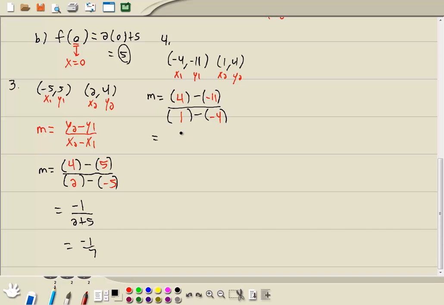Well, negative negative gives us a positive, so we got 4 plus 11, and negative negative gives us a positive, so we got 1 plus 4, which gives us 15 over 5, which gives us 3. Okay, your point slope form is y minus y sub 1 is equal to m times x minus x sub 1.